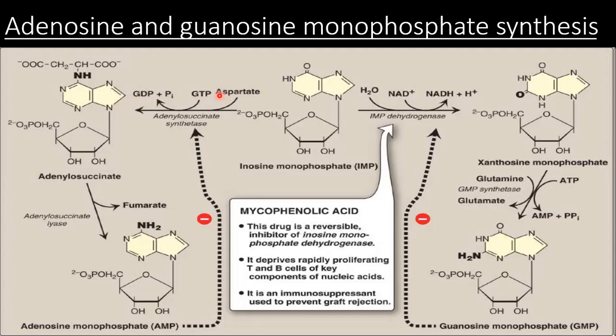So after that you add aspartate at this position here. Then you remove the carbon skeleton of aspartate in the form of fumarate, a reaction catalyzed by adenylosuccinate lyase to form adenosine monophosphate. Now, this adenosine monophosphate can be converted back to inosine monophosphate by adenosine monophosphate deaminase.